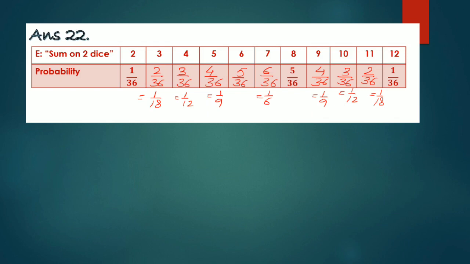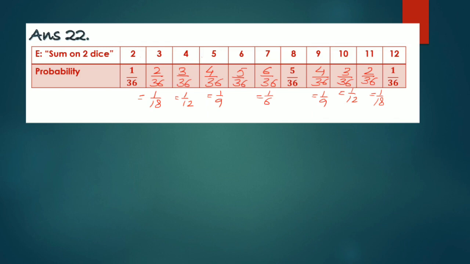Now in the second part, the student was arguing that every probability should be 1 by 11. Its answer is no, we cannot say that the student is correct. He was saying that since there are 11 possible outcomes, the sum on 2 dice can be 2, 3, 4, 5, 6 and so on, so the probability for each should be 1 by 11.